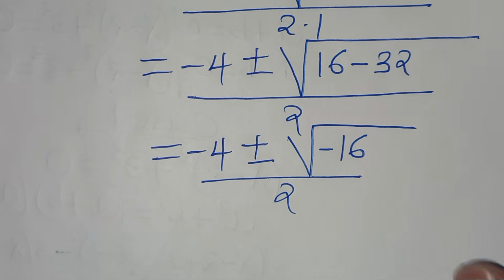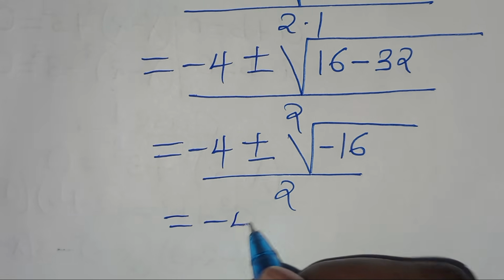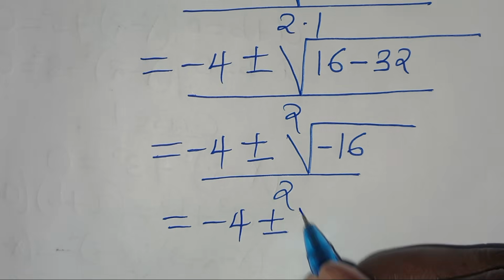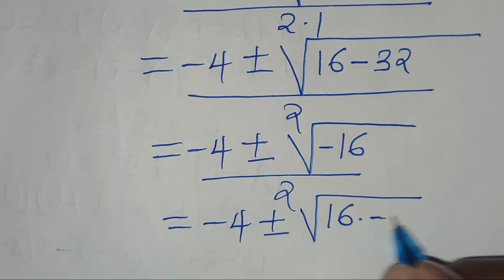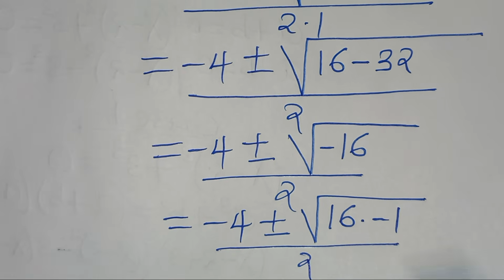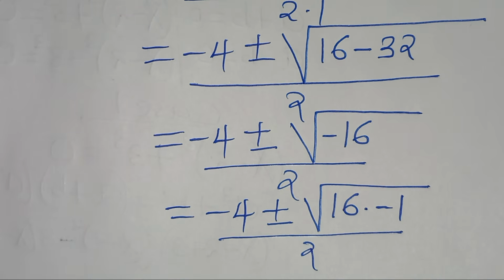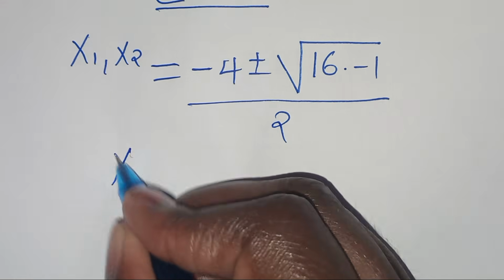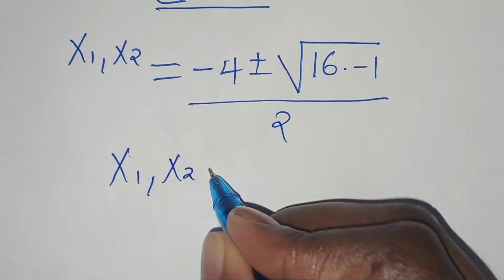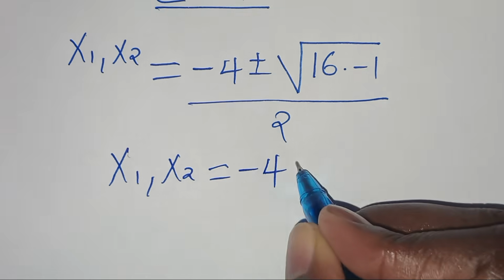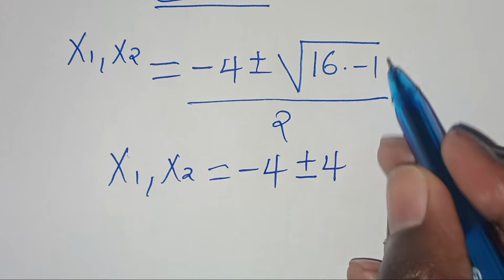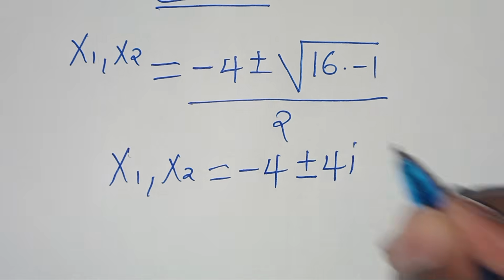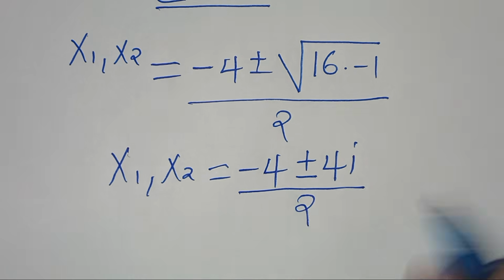And this implies that we have minus 4 plus or minus, we can express the square root of minus 16 as the square root of 16 times minus 1, then divided by 2. So x1, x2 is equal to minus 4 plus or minus the square root of 16, which is 4, times the square root of minus 1, which is i, everything divided by 2.